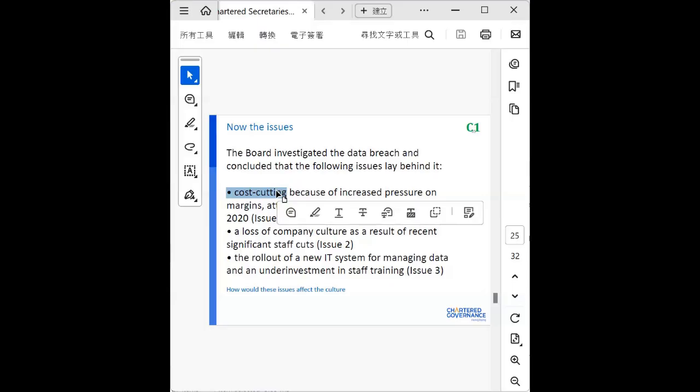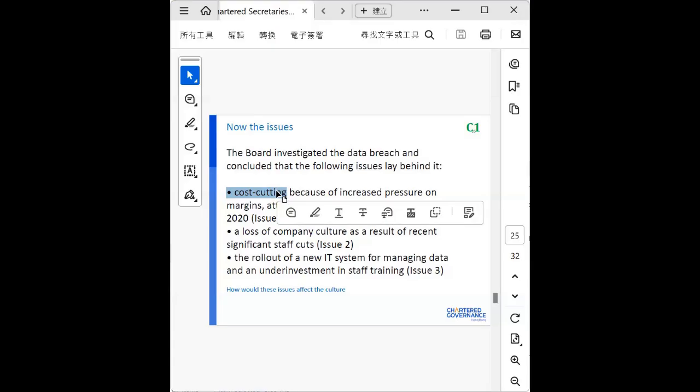So what's the cultural aspect? If you cut the cost, then probably you have less training. People will have weaker compliance and weaker security, and then probably you will override the long-term cultural values, less integrity, and you create a culture of corner cutting and risk tolerance.